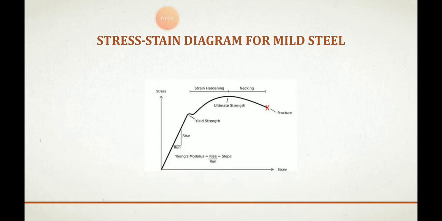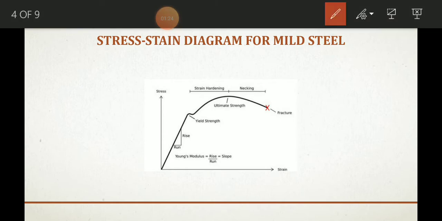This is the stress strain diagram for the mild steel, where stress is plotted against strain, stress along the y-axis and strain along the x-axis. In this we are going to study some of the salient features.